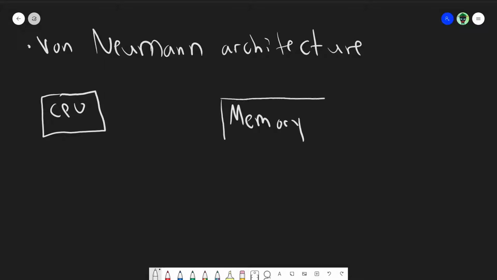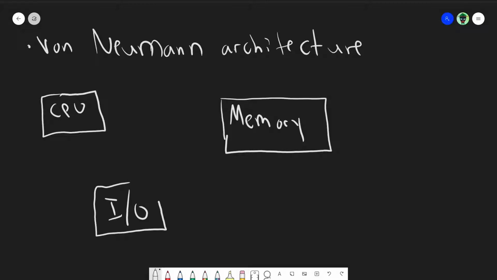And then you have your various I/O devices. So you have different peripherals, mouse, keyboard, even your hard drive is technically an I/O device. You could consider this also a secondary memory, but from what I was told when I did a little bit of work in the past, hard drive is not memory, it's storage, so it's really an I/O device. But anyway, you have these three main components.